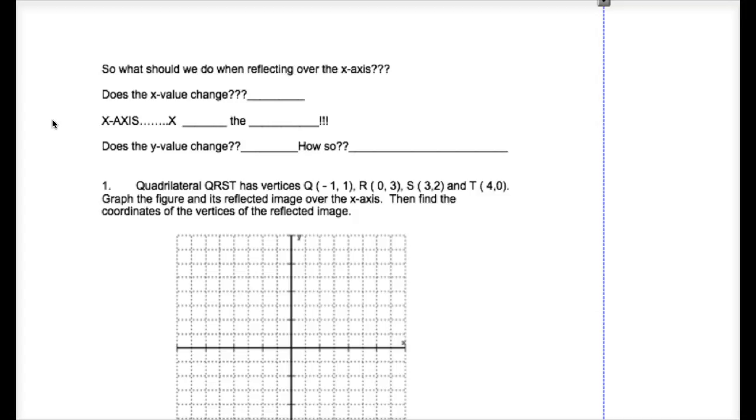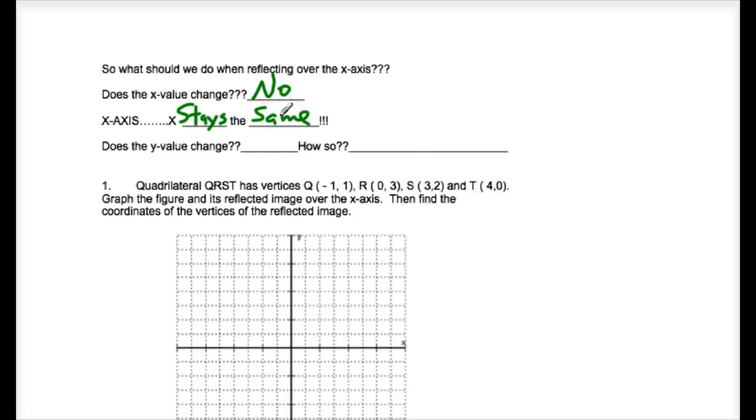No, it doesn't. So put the word no in here. It's okay if you don't know it. So the x value does not change when we reflect something over the x-axis. So, here's Miss Perillo's little trick to try to help you remember this. X-axis, x stays the same.